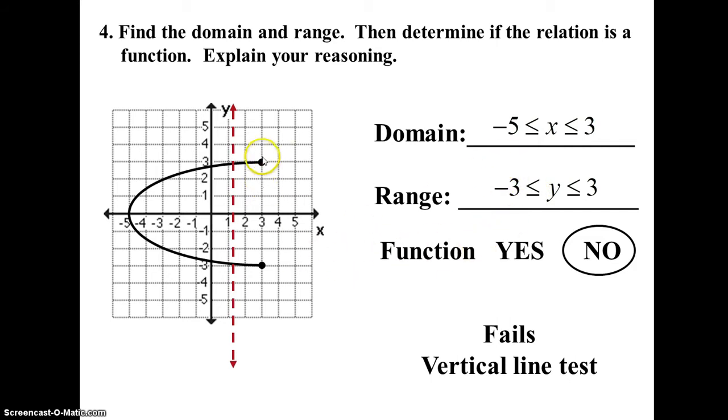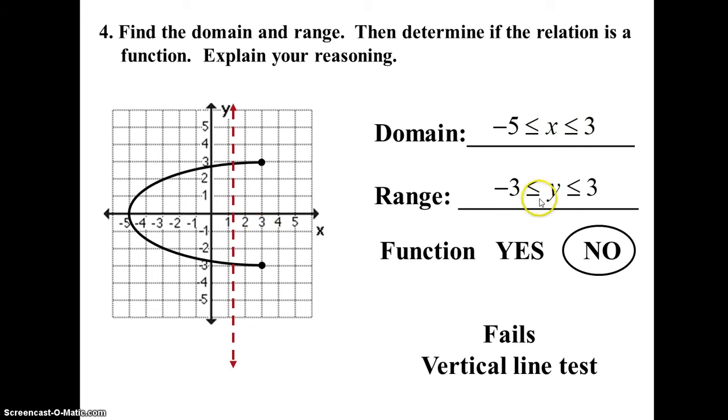Actually, let's pretend like these were open endpoints and talk about the domain. It includes the -5, but it would not include the 3, so only this one would be less than. But for the range, these would both be less than because it's not including this and it's not including this, but all of the ones in between would be included in the range.